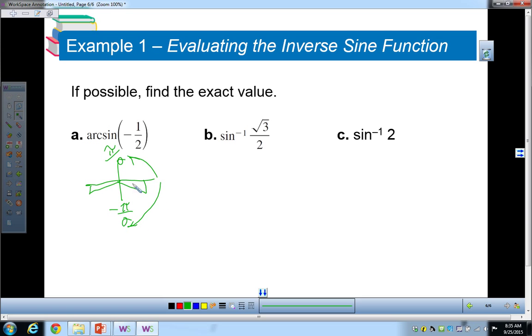So the only one that I use is over here, because I can only have one answer when I plug a value into a function. Out of those two angles, I'm going to use this angle right here. And what do I call that angle? Negative 30 degrees or negative pi over 6 radians.